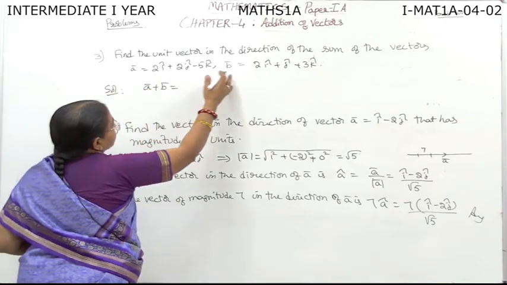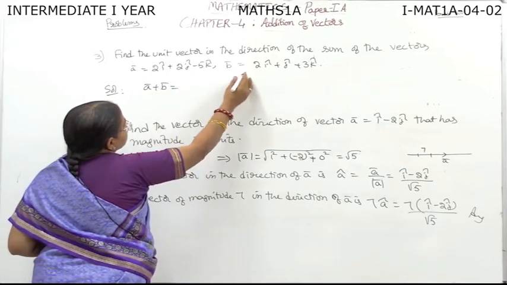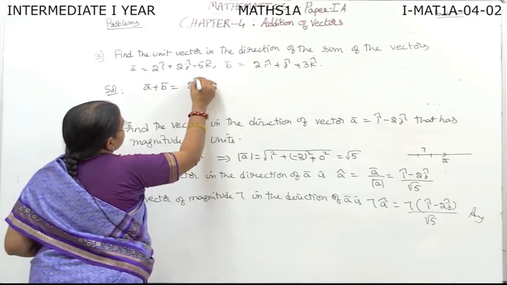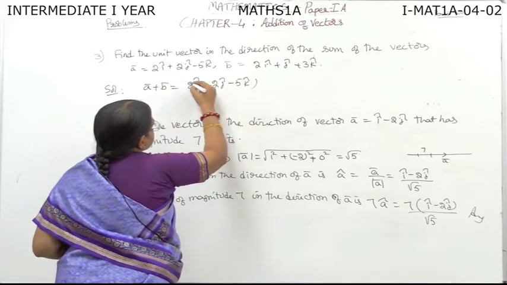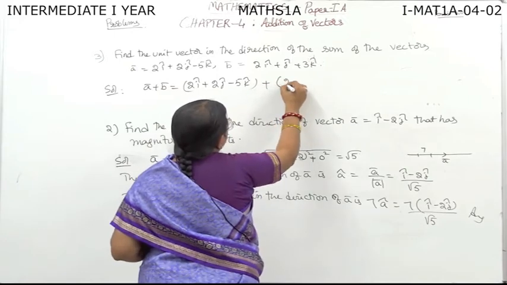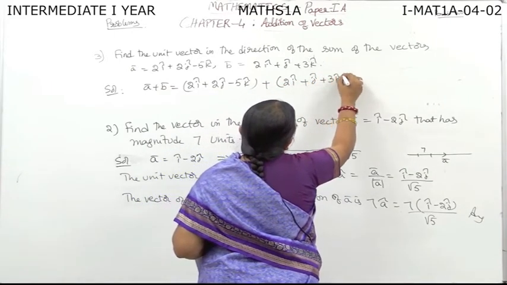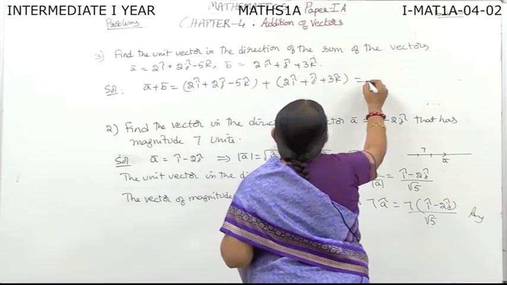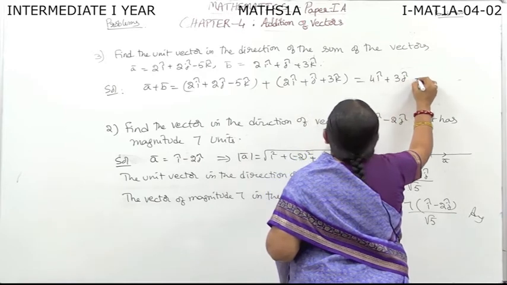Just add them. A plus B is equal to 2i plus 2j plus minus 5k. This is A, and then B is 2i plus j plus 3k. When you add the i terms like that, you will get 4i plus 3j minus 2k.